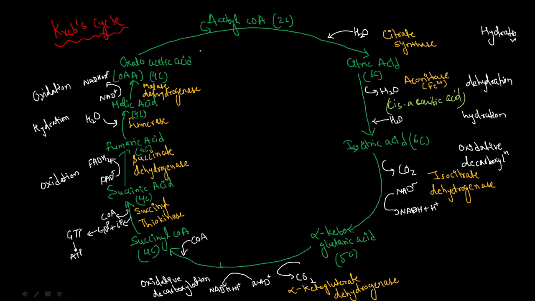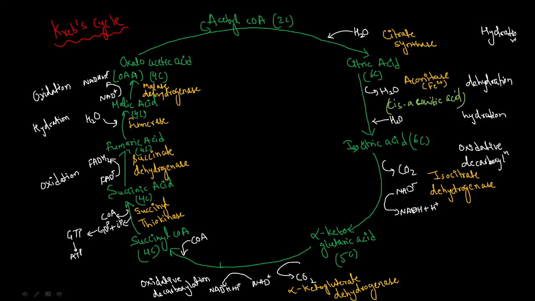We started with oxaloacetic acid and now we are again at oxaloacetic acid. So again and again in the cell this cycle is running. It starts from oxaloacetic acid and ultimately ends up at oxaloacetic acid only. Okay.